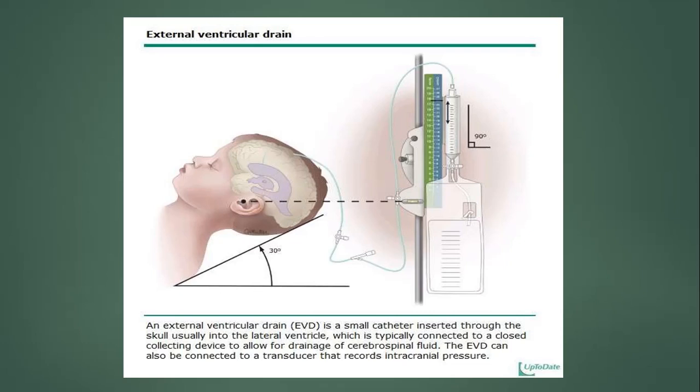The probe can be placed extradurally, subdurally, subarachnoidally, intraparenchymally or intraventricularly, but the most common method used for intracranial pressure monitoring is the placement of the probe inside the ventricles. So this is the easiest method.